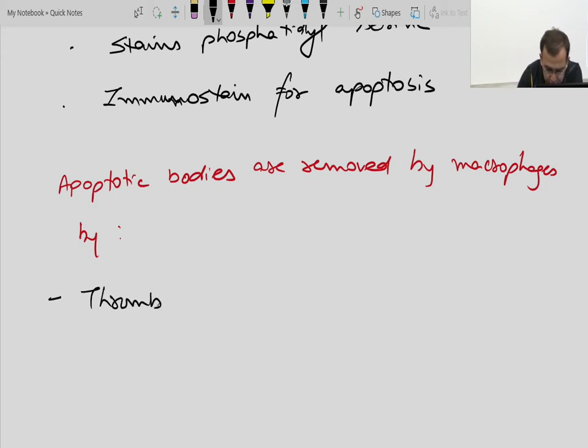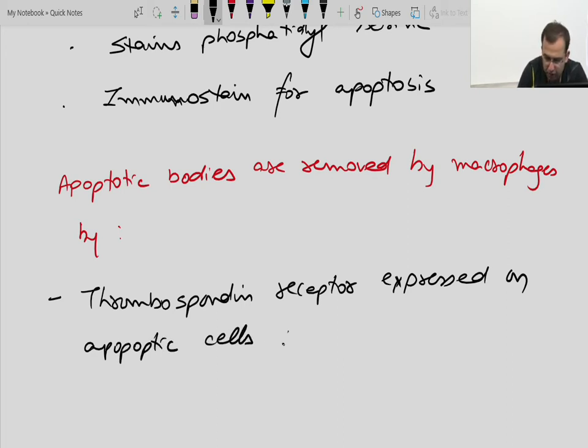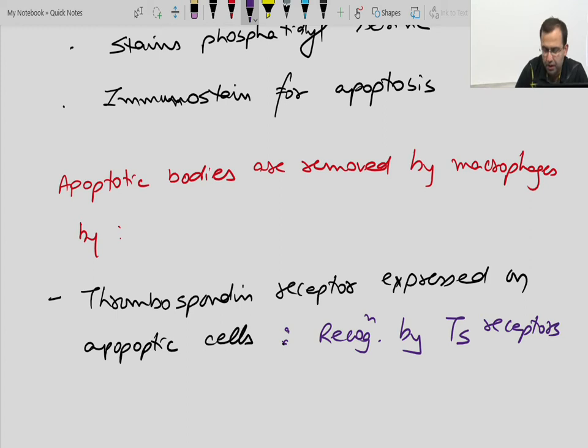Thrombospondin receptors are expressed on apoptotic cells, and they are recognized by thrombospondin receptors present on macrophages.